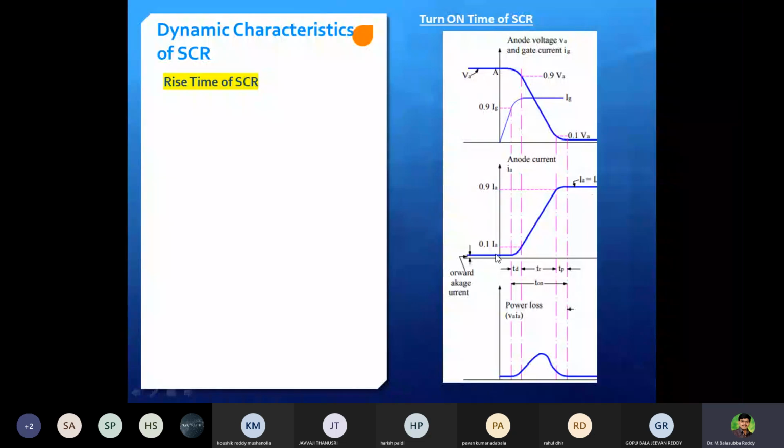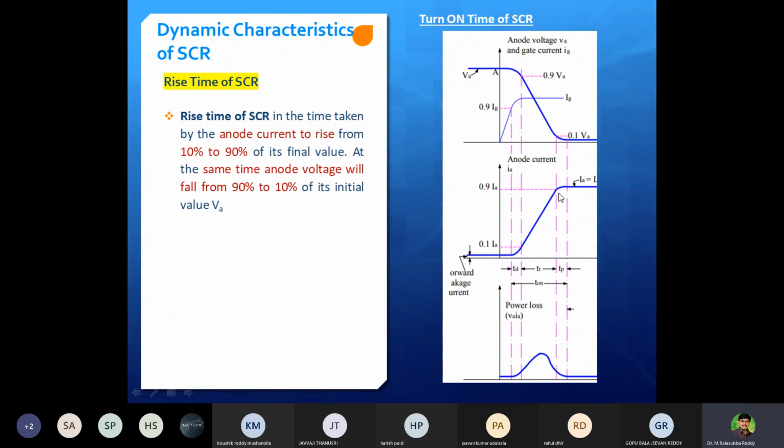Initially only leakage current is there, and after the delay time it reaches 10 percentage, and in the rise time interval it changes from 10 to 90 percentage of its final value. So we can see that current rises from 10 percentage to 90 percentage of its final value.